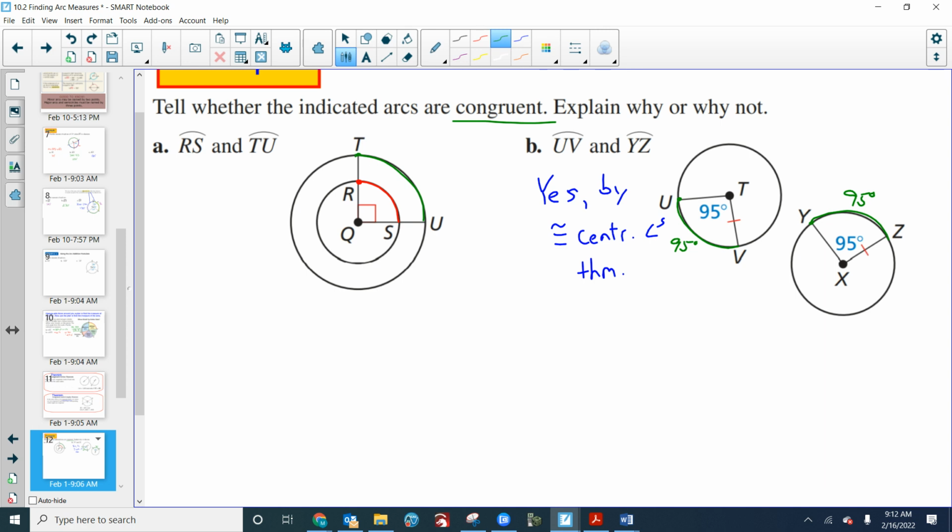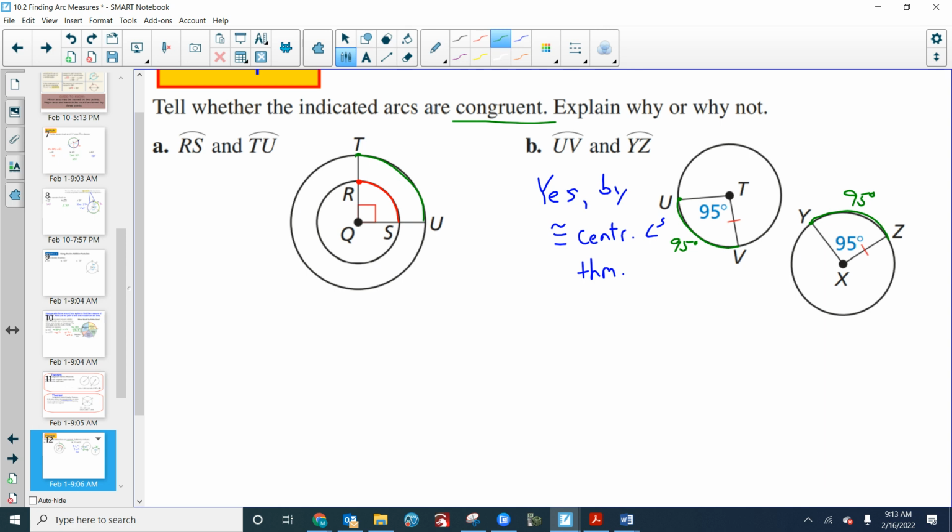On to this one. Our circle is, now I guess we'd call both of these circle Q. But is circle Q with radius QS congruent to circle Q with radius QU? No, they're not congruent. Are these arcs both 90?